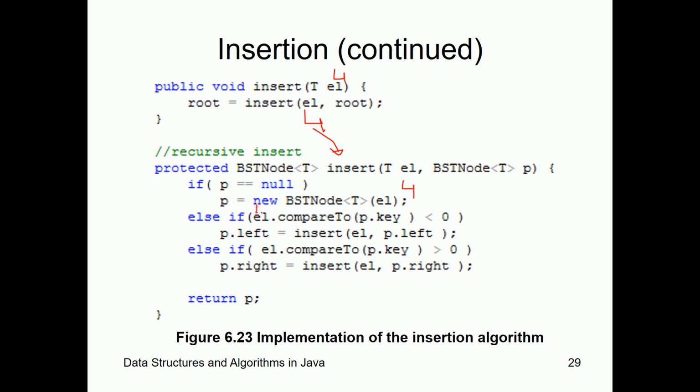So I'm just comparing 4 with 15. Remember now with compareTo, it gives me a negative number, a positive number, or 0. If it's equal, it gives me 0. If the 4 is smaller, it's going to be negative. If the 4 is bigger, it's going to give me a positive.